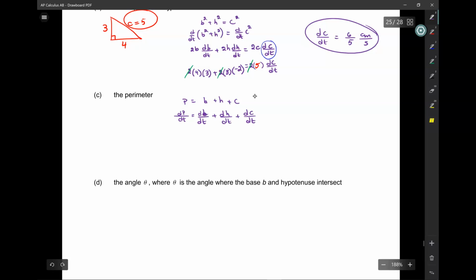So I want dP/dt equals what's db/dt? 3 plus negative 2, plus this one I just found to be 6/5. So that is 11/5 centimeters per second.